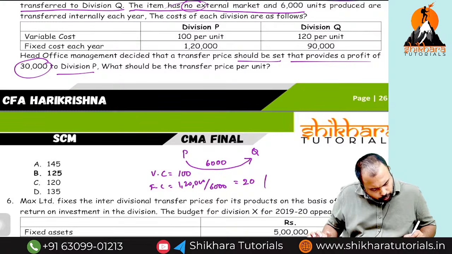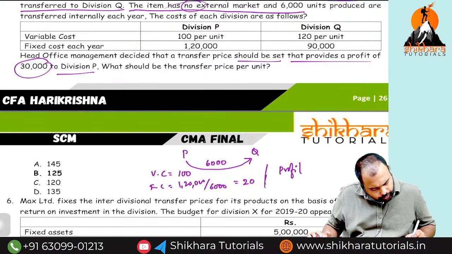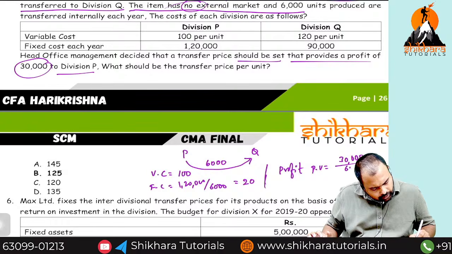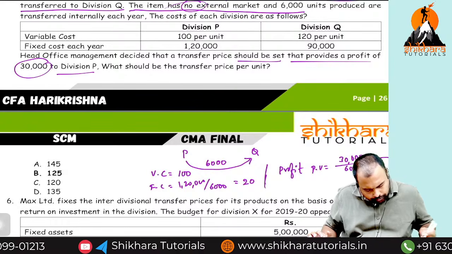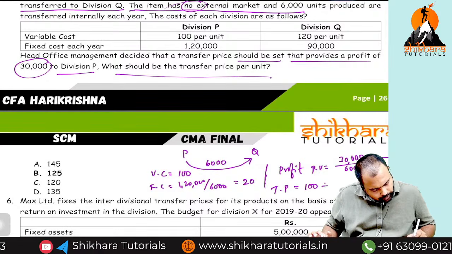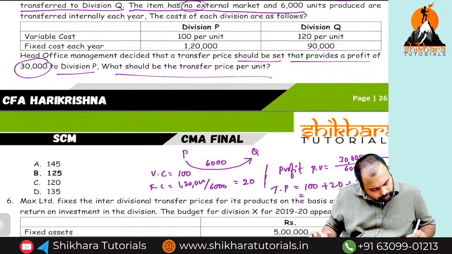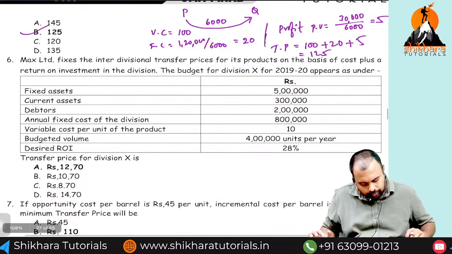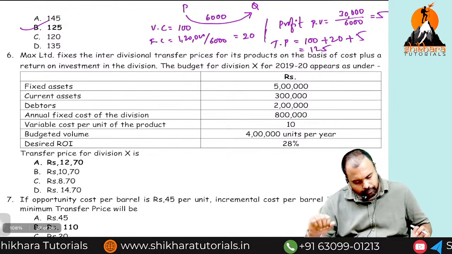So what should be the profit per unit? 30,000 by 6,000, which is equal to 5. Then the transfer price has to be 100 plus 20 plus 5, which is 125. Clear? Okay. Next.